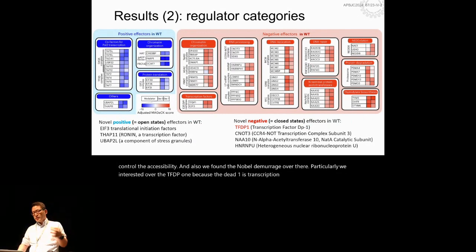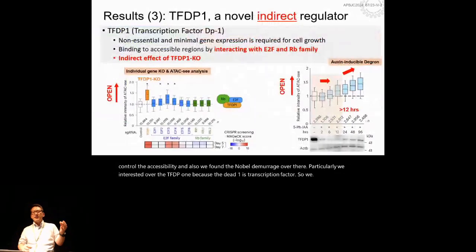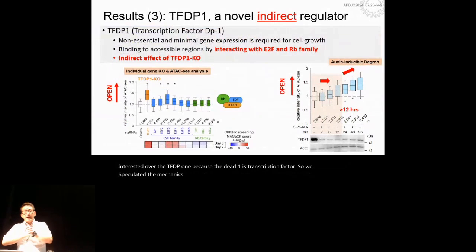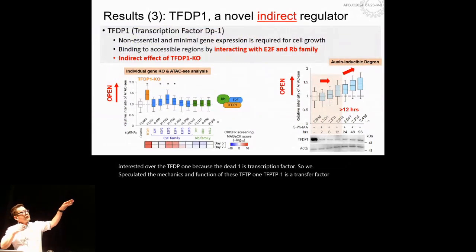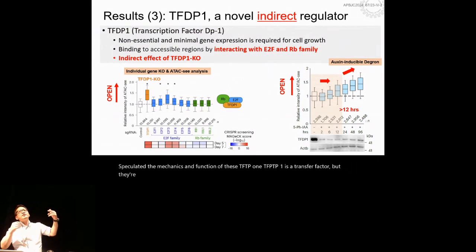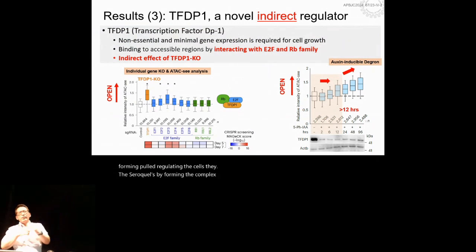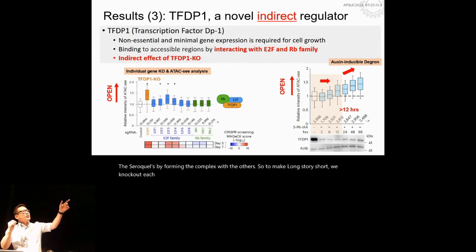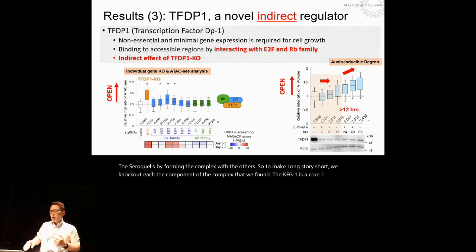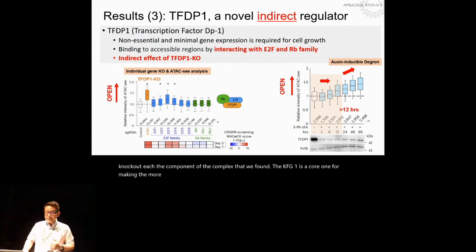So we speculated about the mechanism and function of TFDP1. TFDP1 is a transcription factor that regulates cellular growth by forming a complex with others. To make a long story short, we knocked out the components of the complex and found that TFDP1 is a core one for making the open chromatin state.